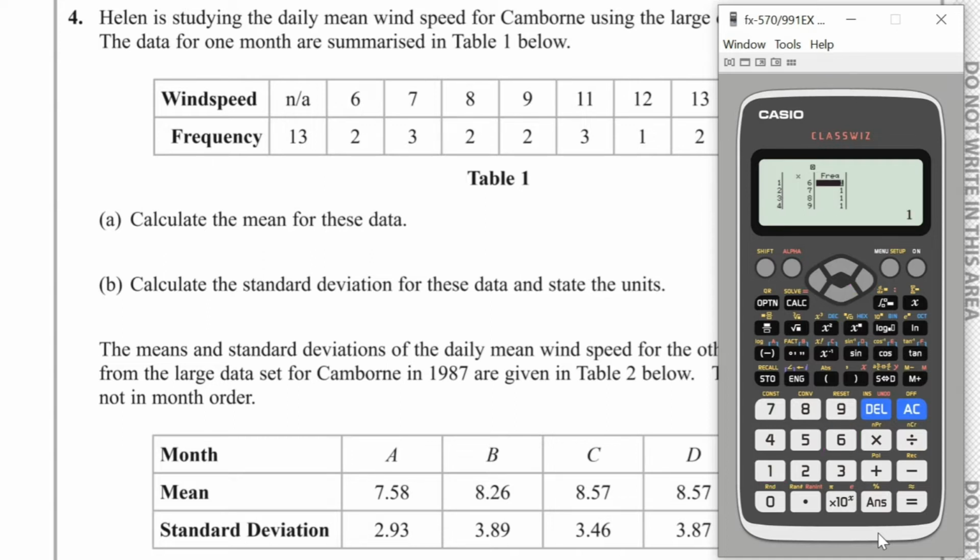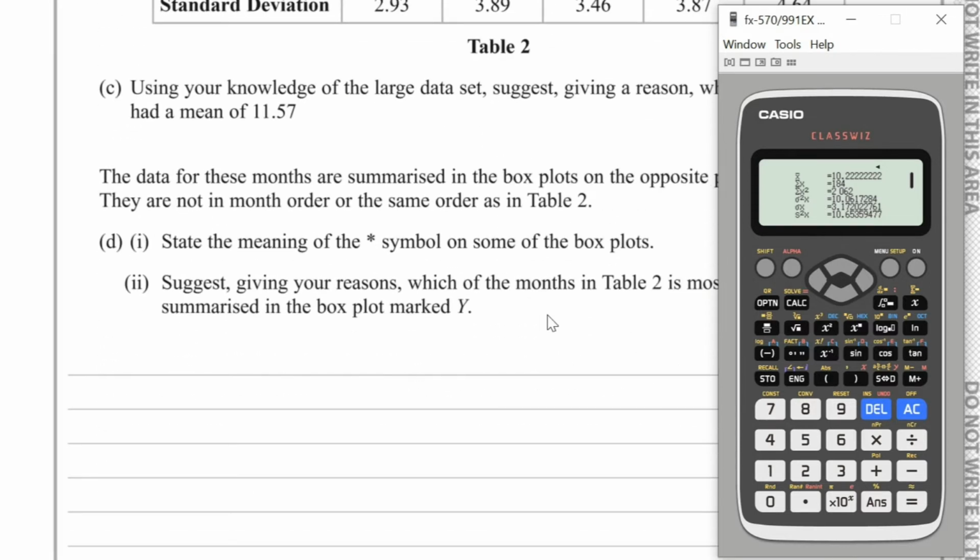And then we've got 2, 3, 2, 2, 3, 1, 2, 1, 2. And then if we press options, then number 2, we can calculate the mean straight away.